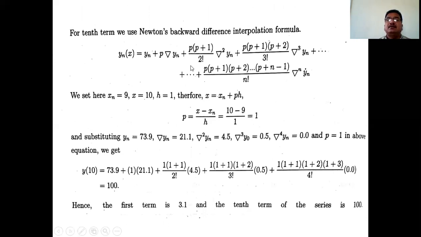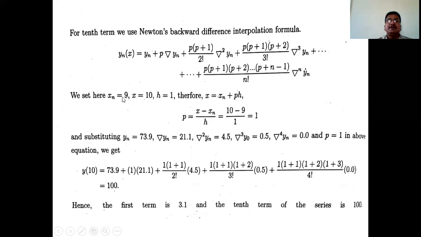Again here, while writing the answer of this problem in your notebook, write this formula in our notation. What is our notation? f(x) is equal to, the first term is f of a plus nh, plus u del f of a plus nh, plus u(u plus 1) by 2 factorial del square f of a plus nh, and all the remaining terms.